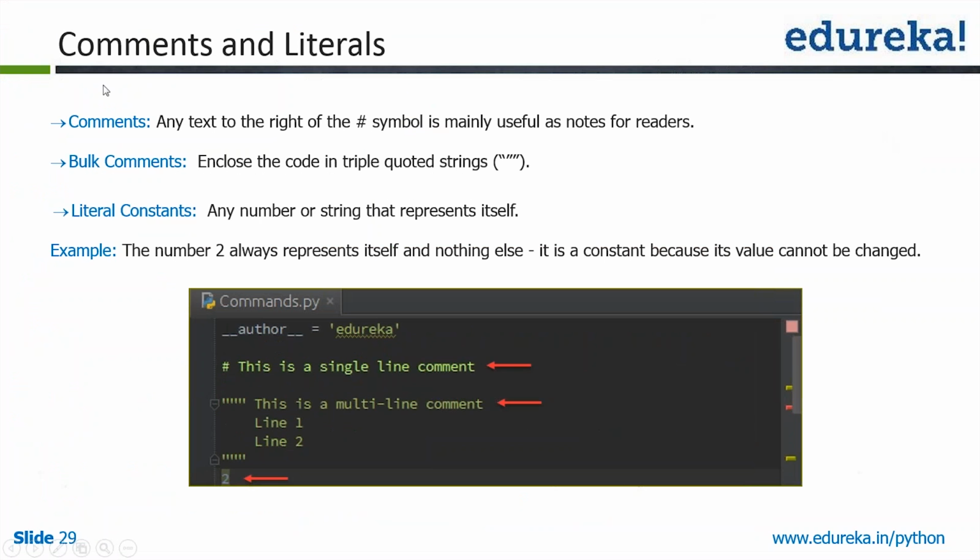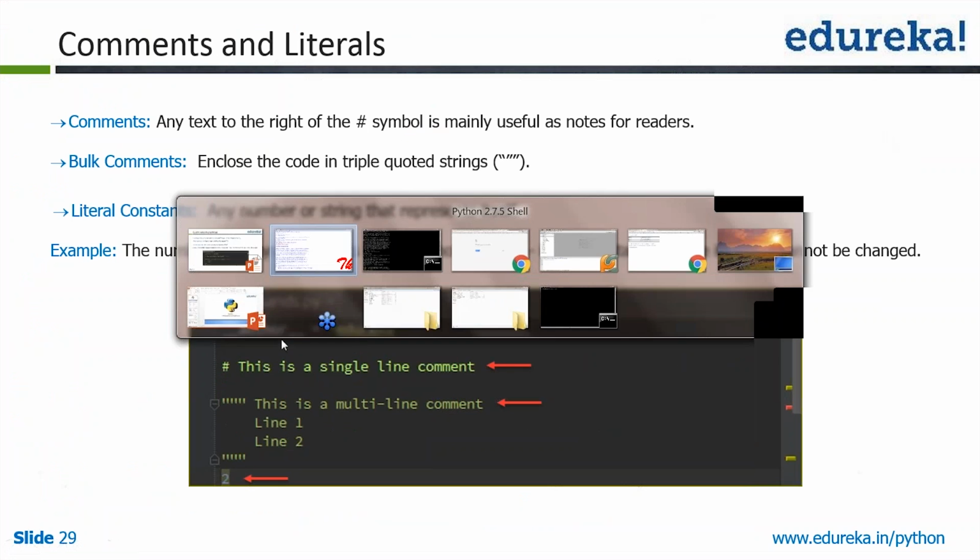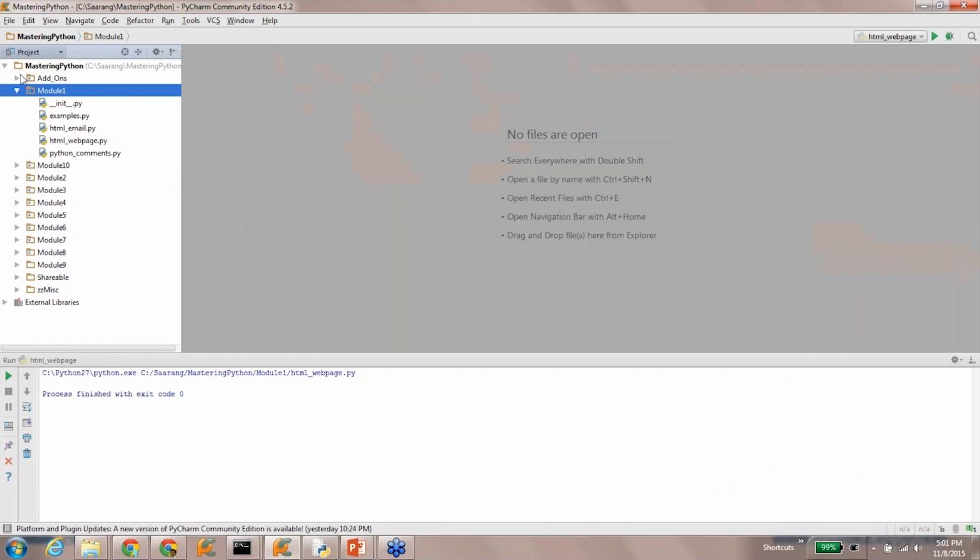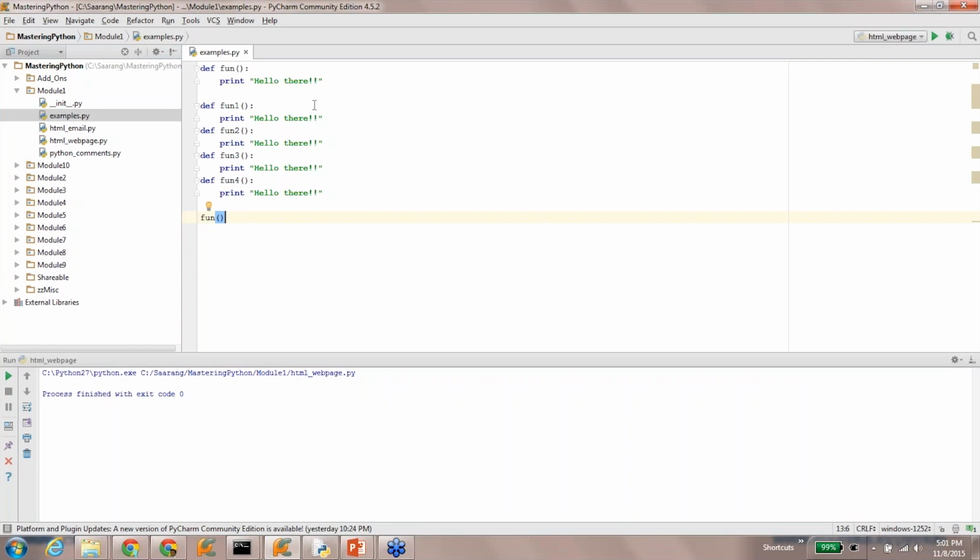Now, coming to some of the syntactical details in Python, like how to create comments, bulk comments, and literal constants. Let's address some of these. This is an example Python script, and if you have to create a string, let me take you to the top.